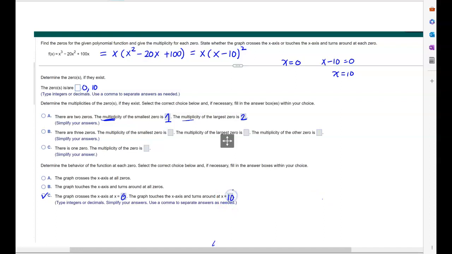So it touches the x-axis and turns around at x equals 10. Again, let me emphasize, if the multiplicity of the zero is odd, the graph crosses the x-axis at that 0. If the multiplicity is even, then the graph touches the x-axis at that 0.